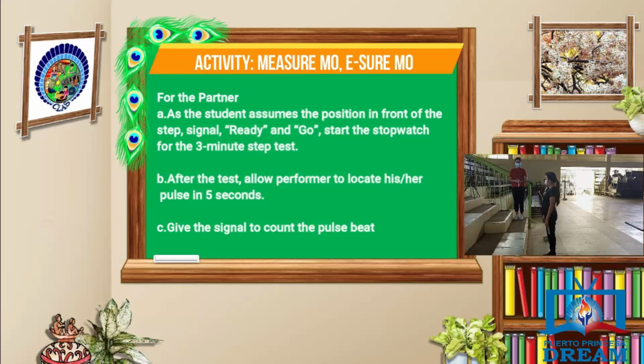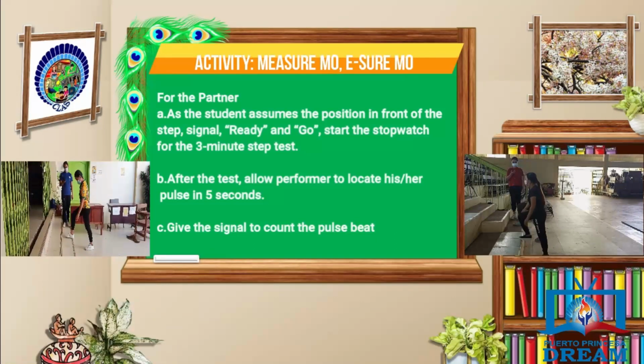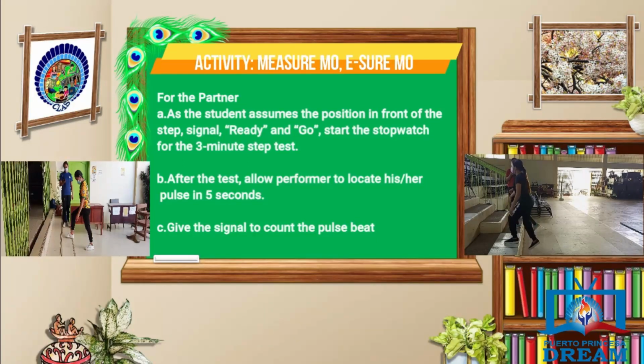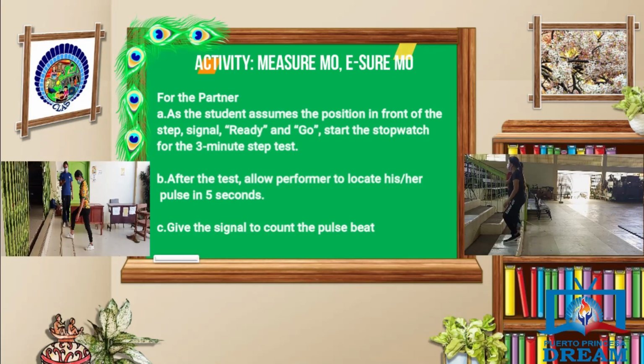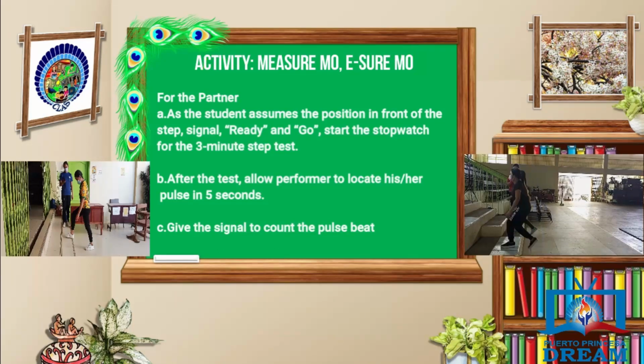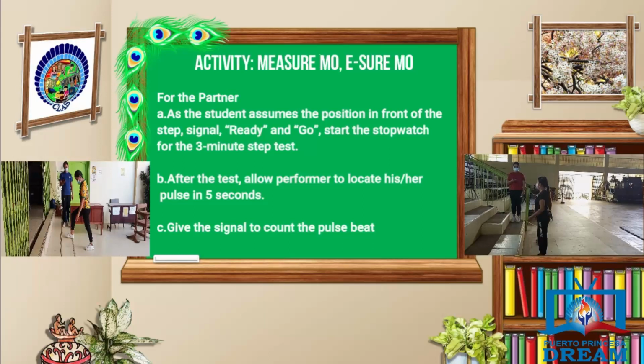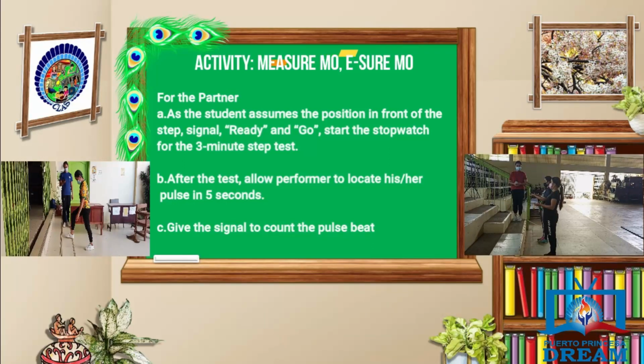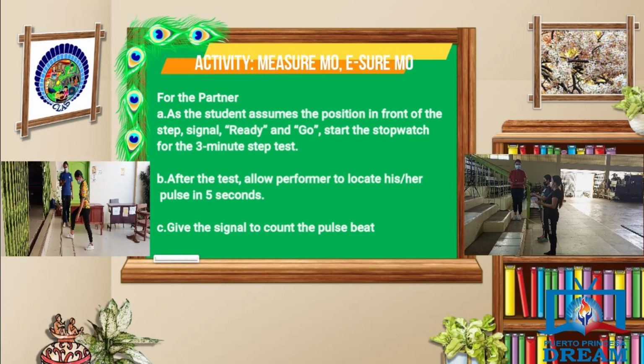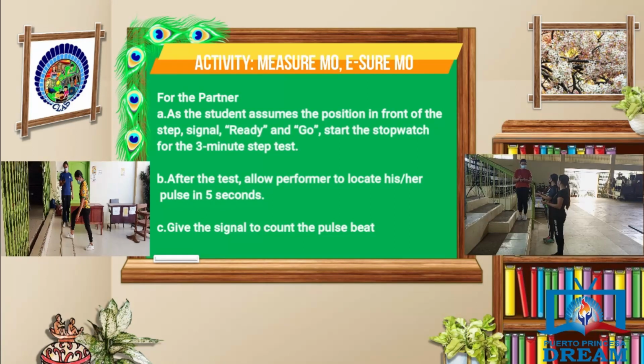Procedures for the partner. Letter A, as the student assumes the position in front of the step, signal, ready, and go. Start the stopwatch for the 3-minute step test. Letter B, after the test, allow the performer to locate his or her pulse in 5 seconds.